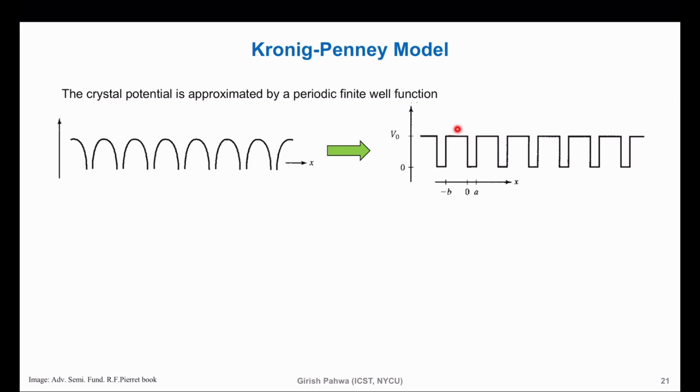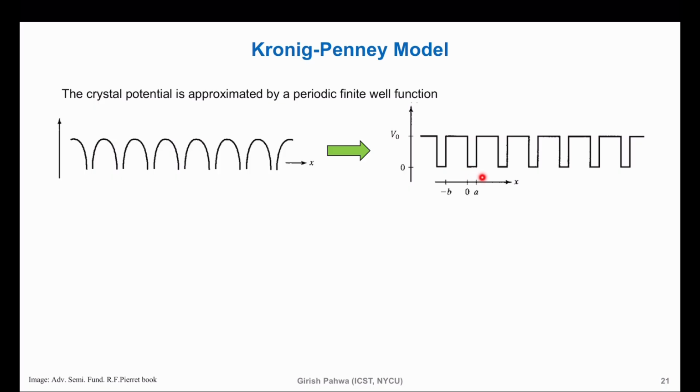So let's focus on one period, which is from minus B to A. So minus B to A repeats. If you ask me what the period is, it's B plus A. So after every B plus A, it's repeating. There are two regions in this part.